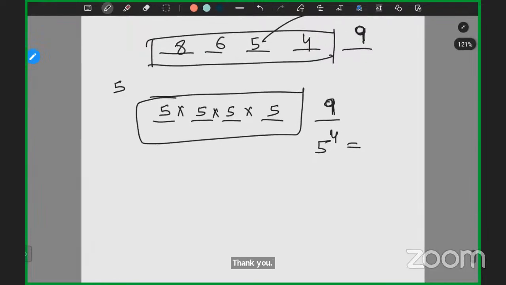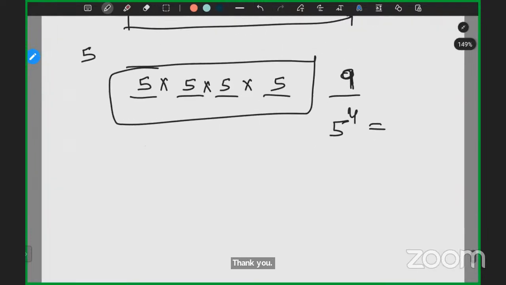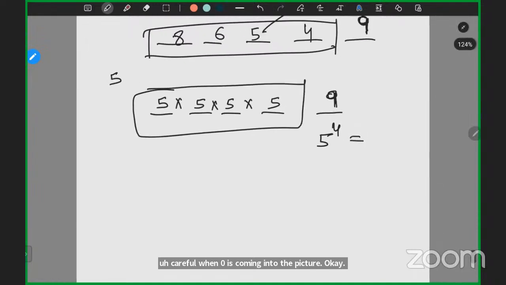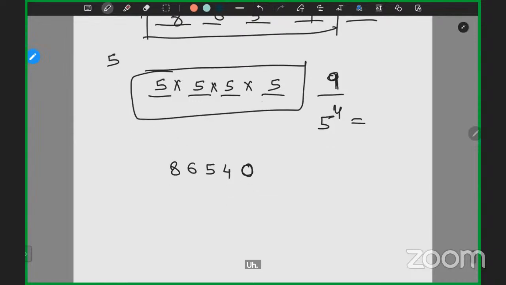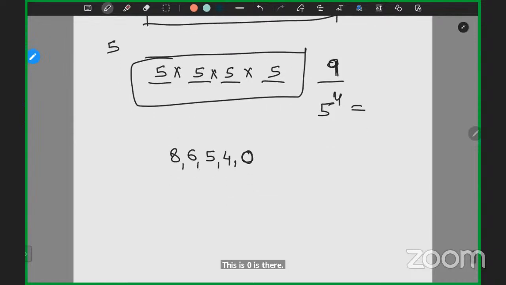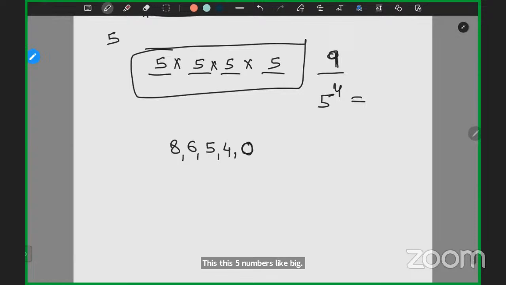The only problem you will face with numbers is to be careful when 0 comes into the picture. Let's say I take 8, 6, 5, 4, and 0. I pick these 5 numbers and want to arrange them.